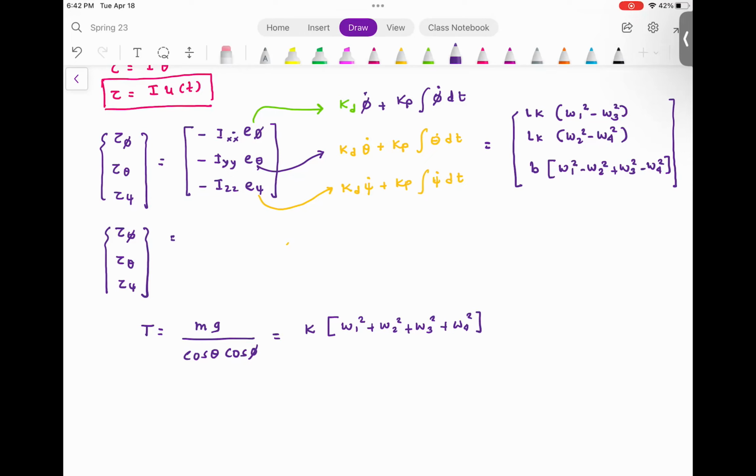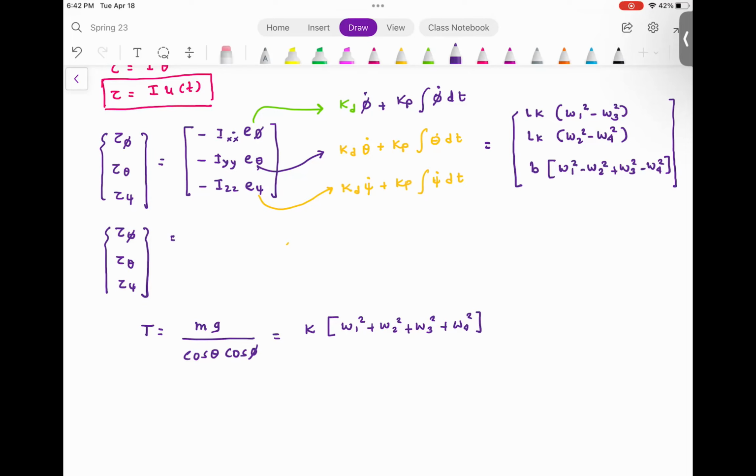Now I have 4 equations and 4 unknowns. I can solve these and find out values of omega square in real time. Everyone understood this? That is the crux of the quadcopter dynamics.